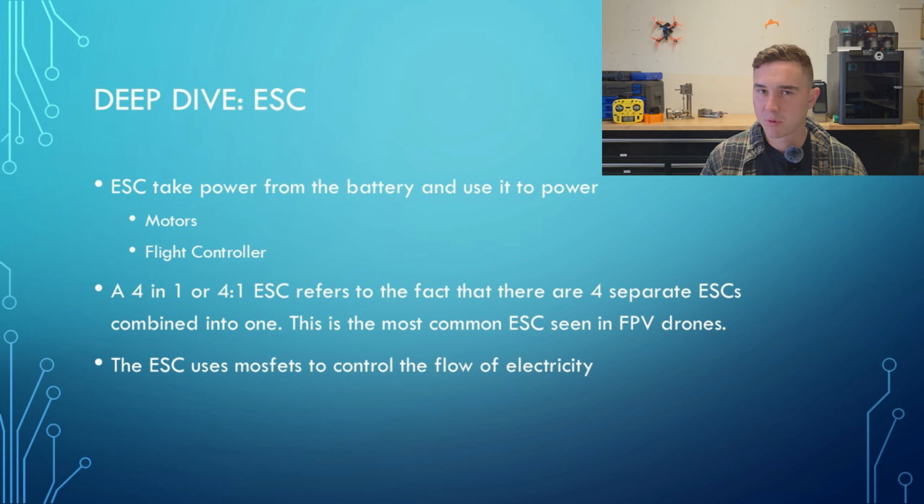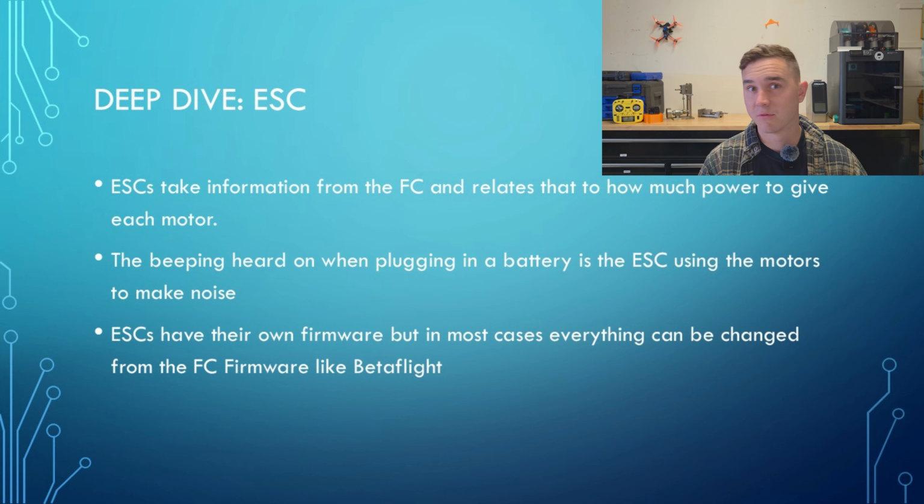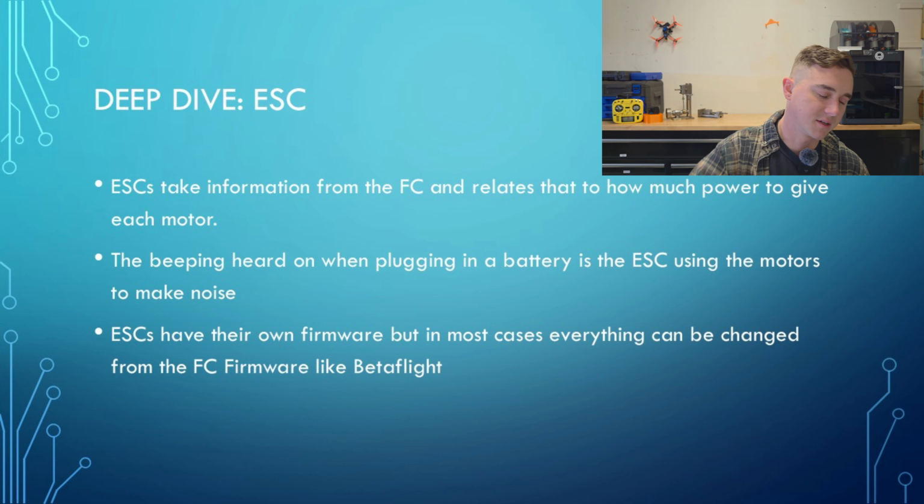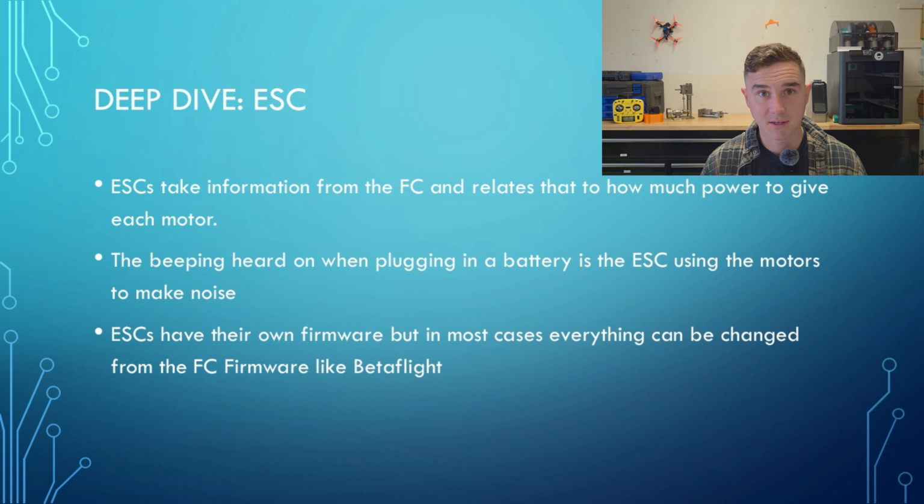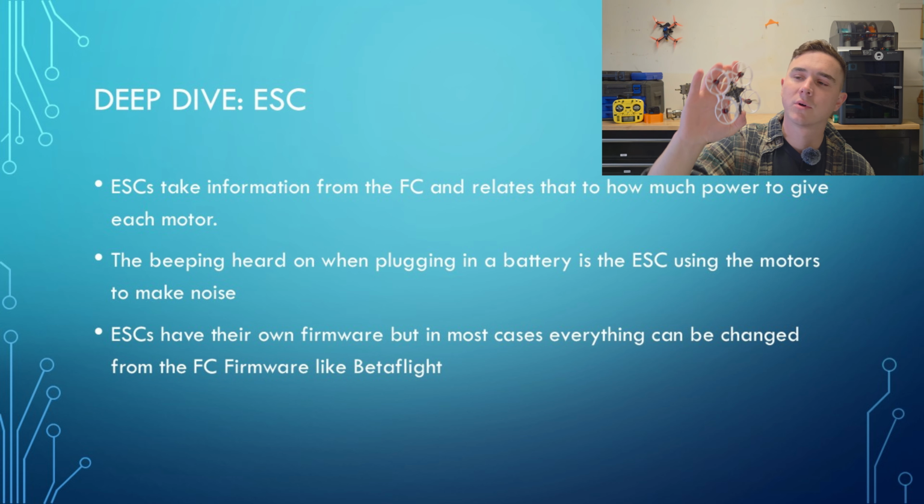Previously, when FPV was just getting started, and you'll still see it with quadcopters, you have 4 motors and 4 ESCs, typically about this size, with wires running in each direction. 4-in-1 just means 4 ESCs in that one. You can also have an AIO board, so an all-in-one board.